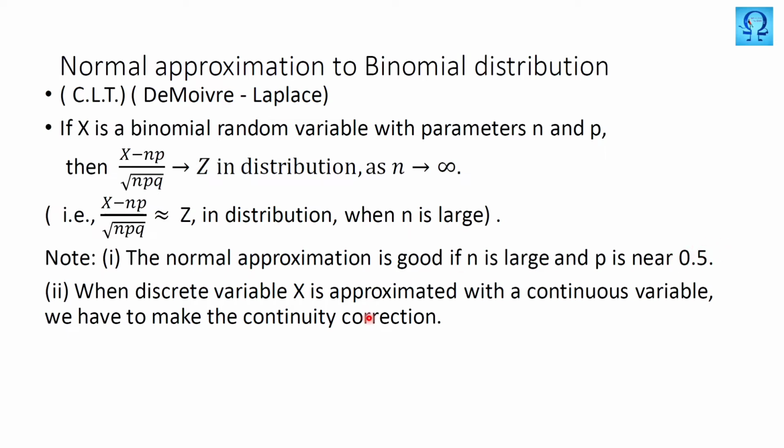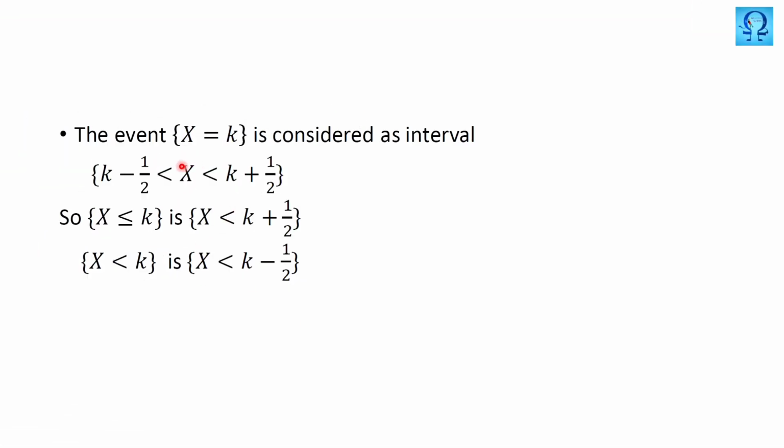Any random variable can be standard normalized, but if your discrete random variable is approximated as a normal variate, notice that normal is a continuous variate, whereas binomial is a discrete variate. So we will have to be careful with the continuity corrections, and that is given in this slide.